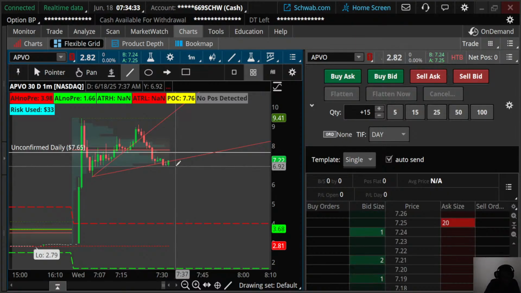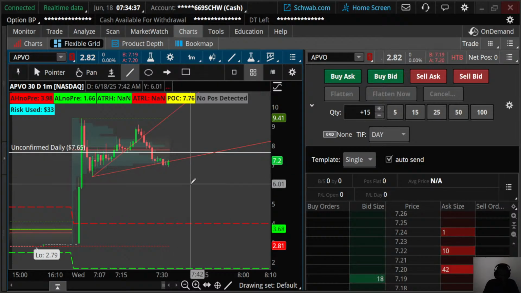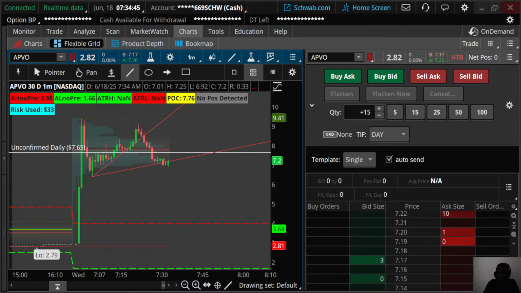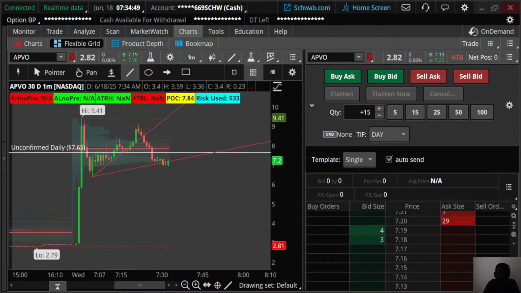Made a lower low down here at the 6.92s. Continue to find more and more stress there. Yeah, LGHL is looking like a 20% struggler. Don't really like that.